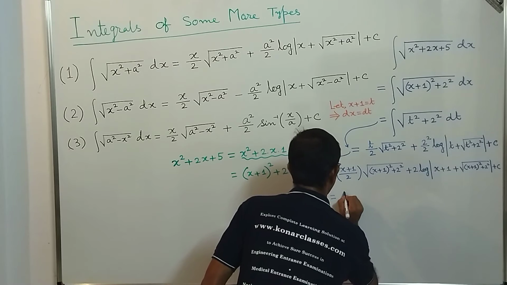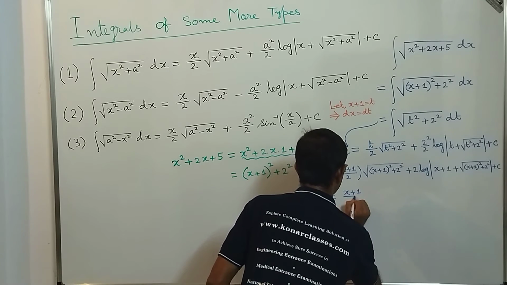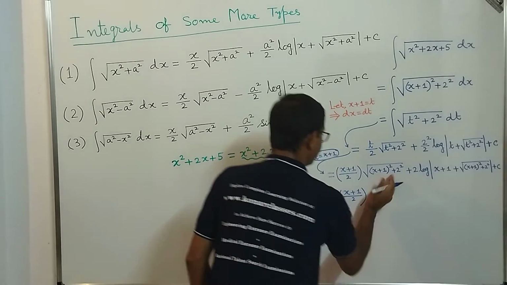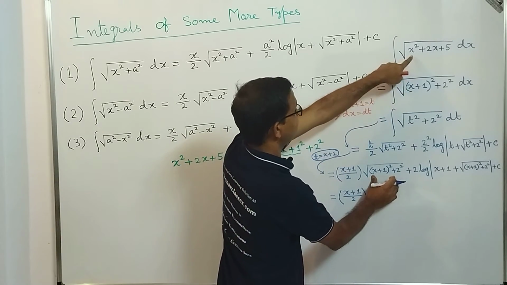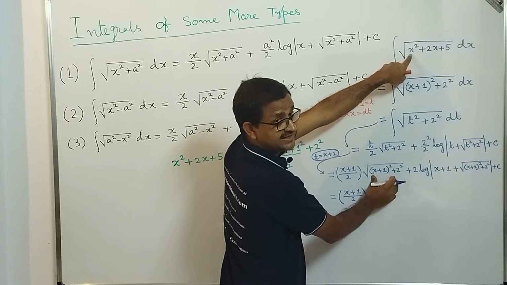Now let's simplify. This is equal to x plus 1 by 2 into square root of x plus 1 whole square plus 2 square, which is nothing but the given integrand function.